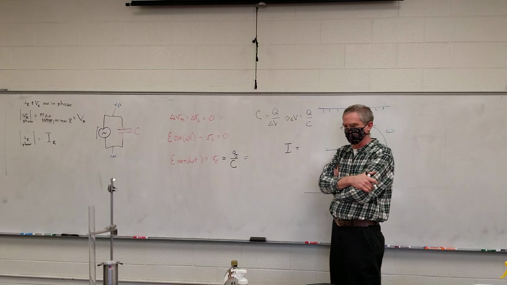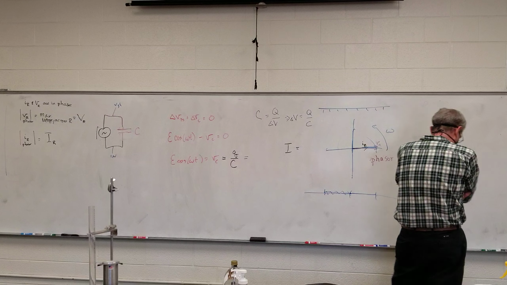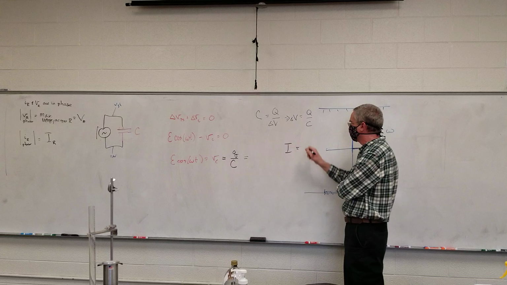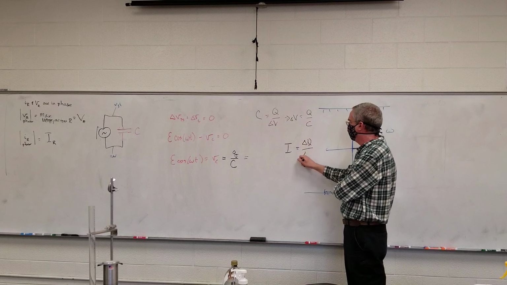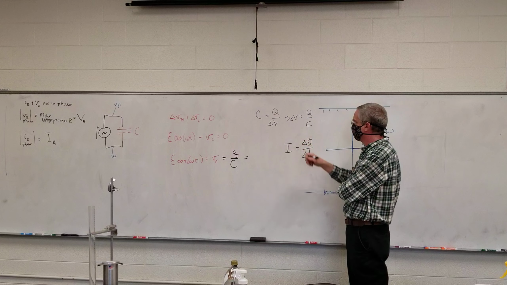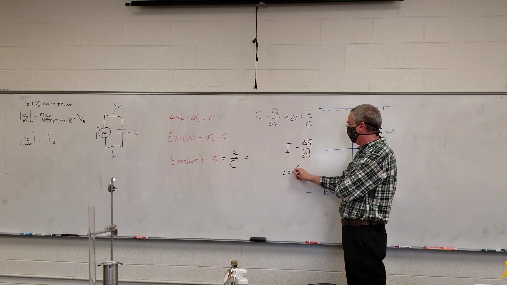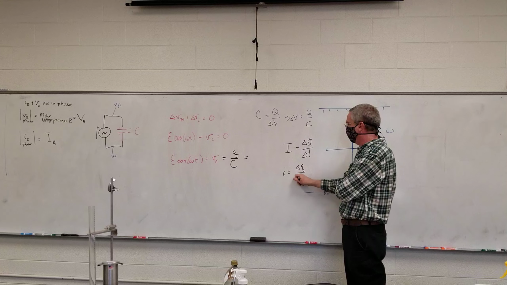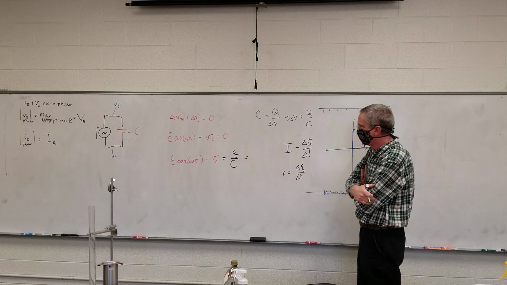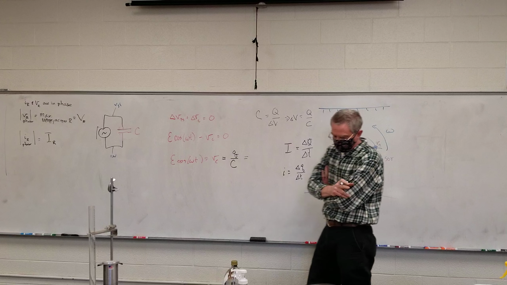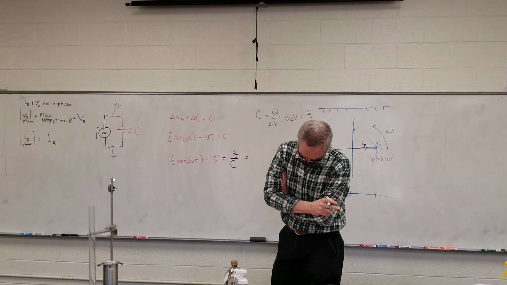This would have been early chapter 20, if you're looking for a place. I equals delta Q divided by T. Now at this point, I'm about to screw up a minus sign.